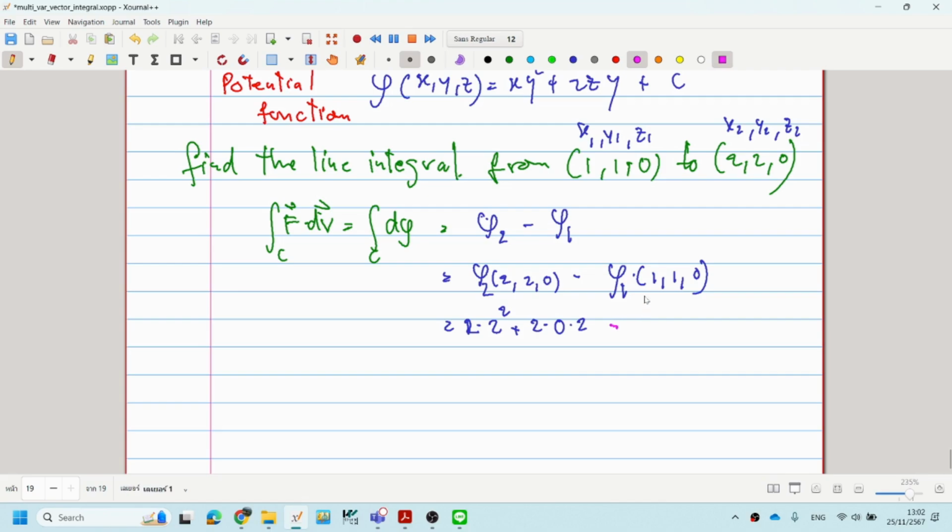Minus 1 times 1 square plus 2 times 0 times y1, plus C, and the plus C cancels together. Equals 8 minus 1.